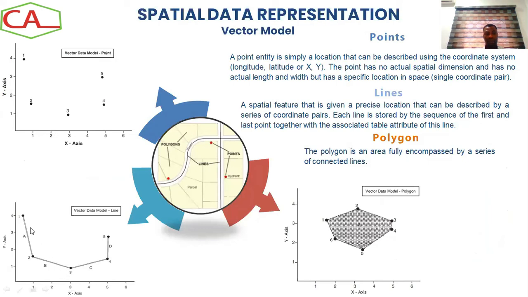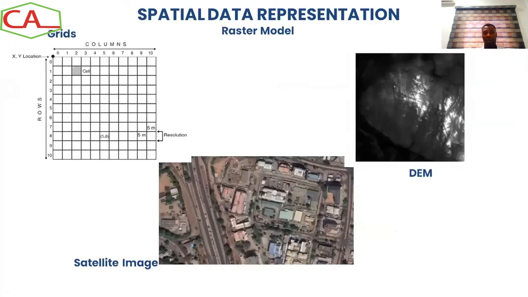The point gives you up to line, and from this line, you move into a polygon. Here you can see a polygon is an area that's fully encompassed by a series of connected lines. So this is an example of vector data.